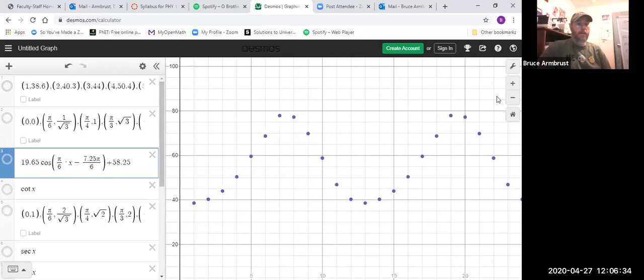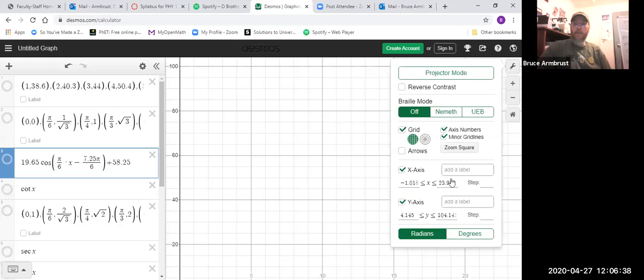Okay, so I'm going to go back to Desmos, and we're going to draw a graph of tangent, doing the same thing we did with sine and cosine, which was plot the points. So we'll take the data that we know, and we will plot their points. So let me just, while it's coming up here, I'm going to shift things back to where we need to be. So hopefully now you can see my window.